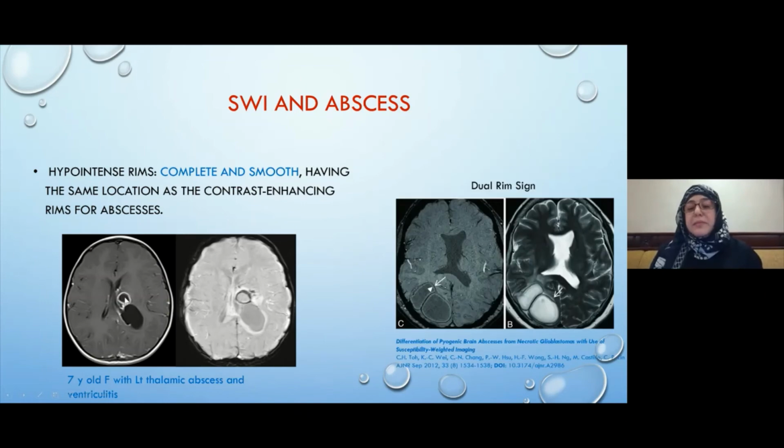A more specific sign that was described with abscesses is the dual rim sign, where we will see an outer hypointense rim with an inner hyperintensity, which can be seen both on SWI and on T2.